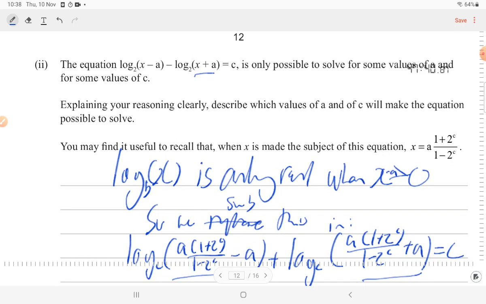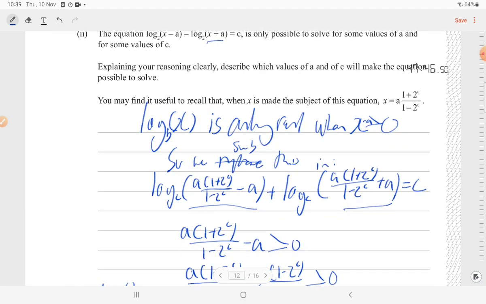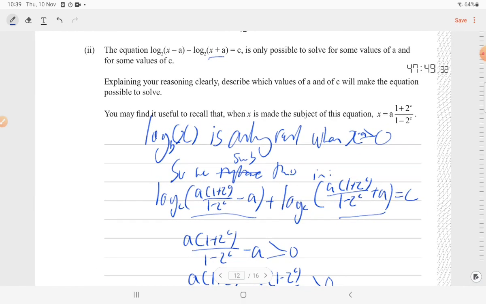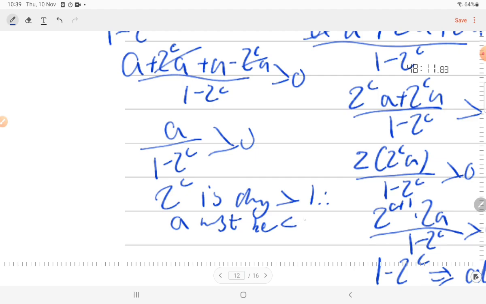Because 2 to the power c is always greater than 1. Therefore, a must be less than 0 for the equation to be real.